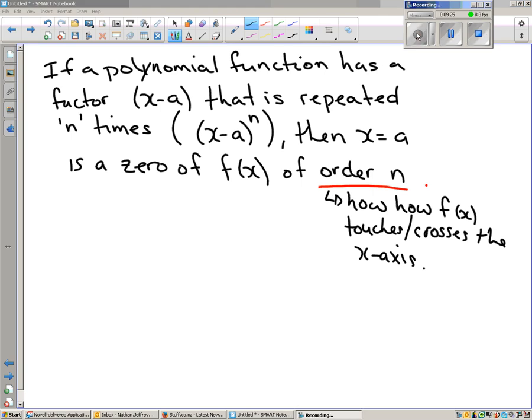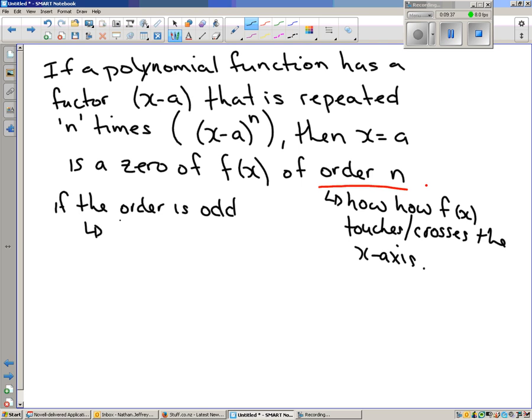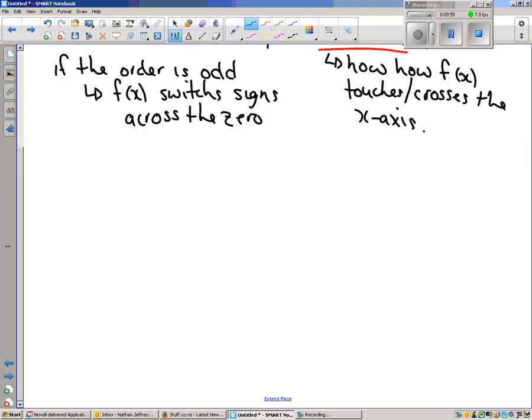And what we'll say here is that if the order is odd, that's going to mean our function switches signs across the 0. And we'll say if the order is even, our function, the sign remains the same.